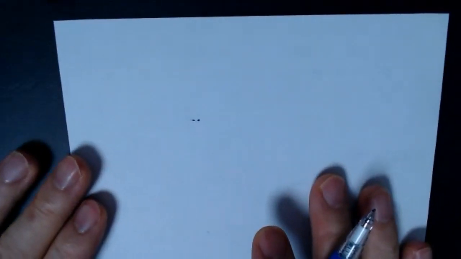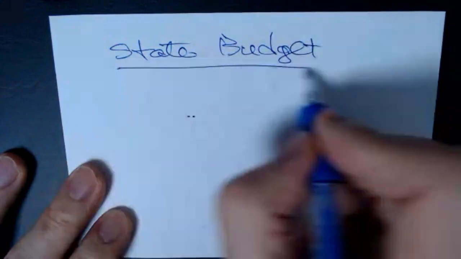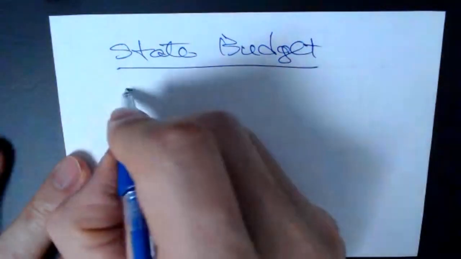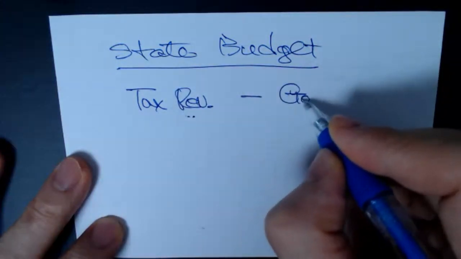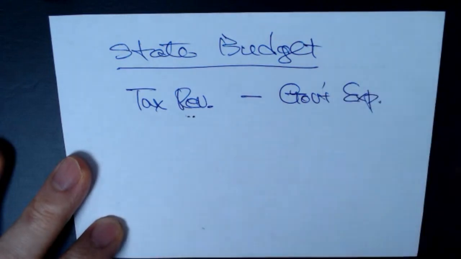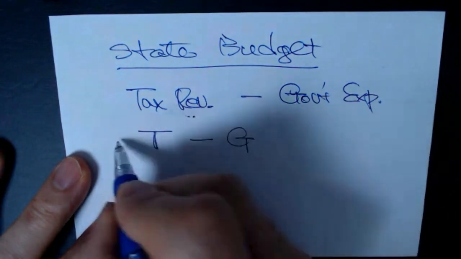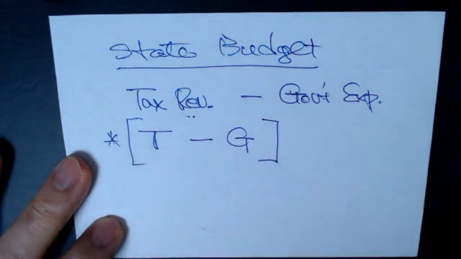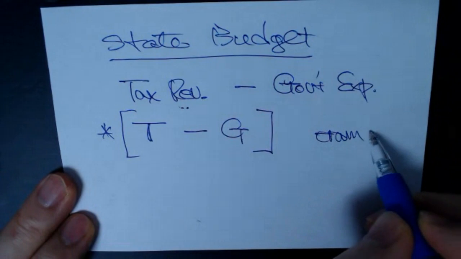The second topic is relatively easy because it's about the government budget and its relationship to the business cycle. So we define the state budget in this way: tax revenue minus government expenditure. So we usually use T minus G. At the beginning of the class, someone talked about transfers.